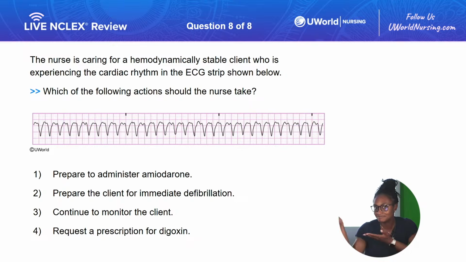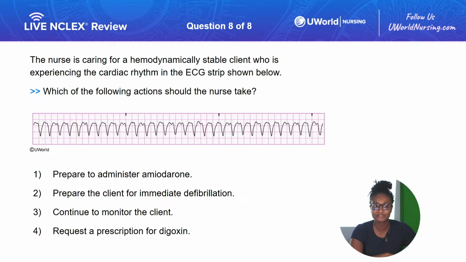So, the nurse is caring for a hemodynamically stable client who is experiencing the cardiac rhythm in the ECG strip shown below. Which of the following actions should the nurse take? Option 1, prepare to administer amiodarone? Option 2, prepare the client for immediate defibrillation? Option 3, continue to monitor the client?